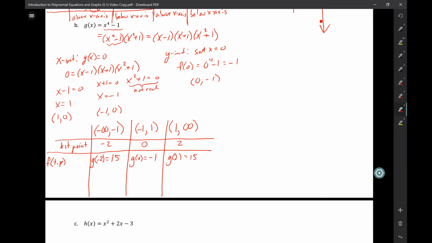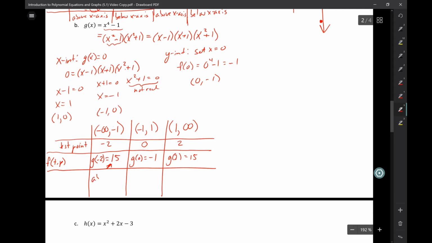Therefore, since this is positive, the graph is going to be above the x-axis between negative infinity and negative 1. Between negative 1 and 1, since g of 0 was negative 1, it is going to be below the x-axis. And then this is going to be above the x-axis.